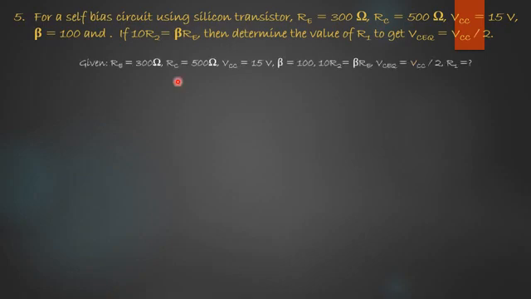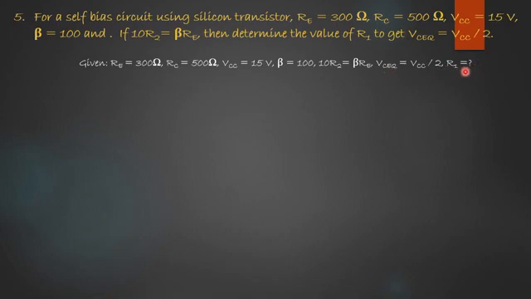So these are the given parameters: the emitter resistance, collector resistance, the supply voltage of 15 volts, and beta. From the given formula we can find R2, and VCE is VCC by 2, that is 15 by 2, equal to 7.5 volts.